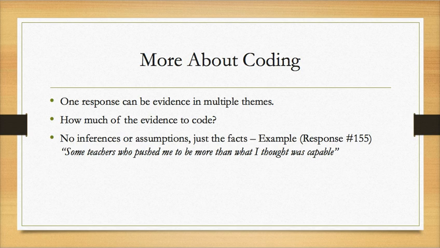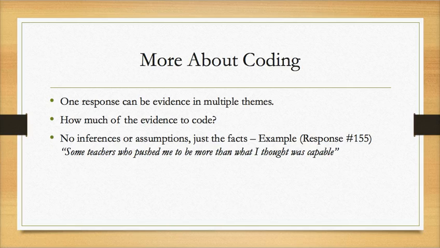Or in some cases, you might even code the entire paragraph just to give it some context. So my personal preference is to code a little bit more than the evidence just to give it context if it's appropriate. Okay, so keep that in mind when you're doing the coding.